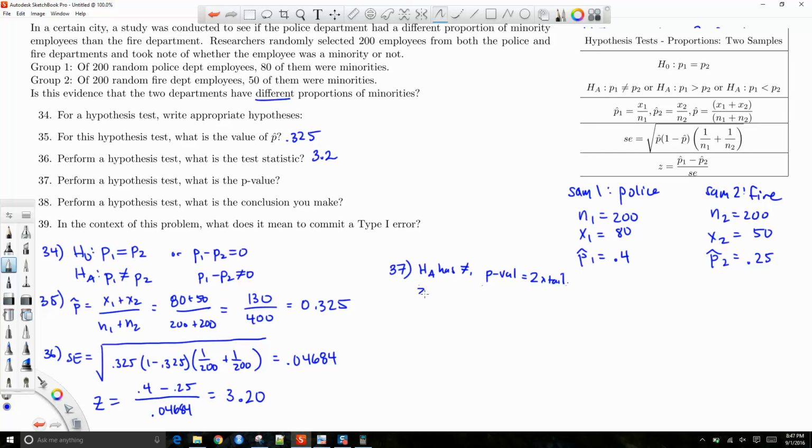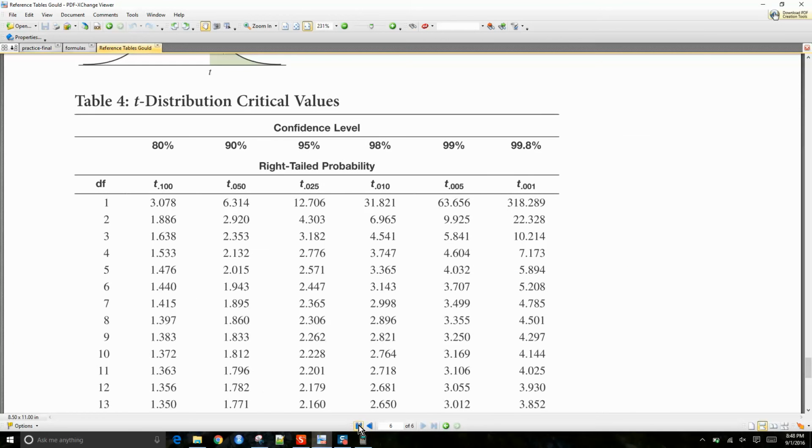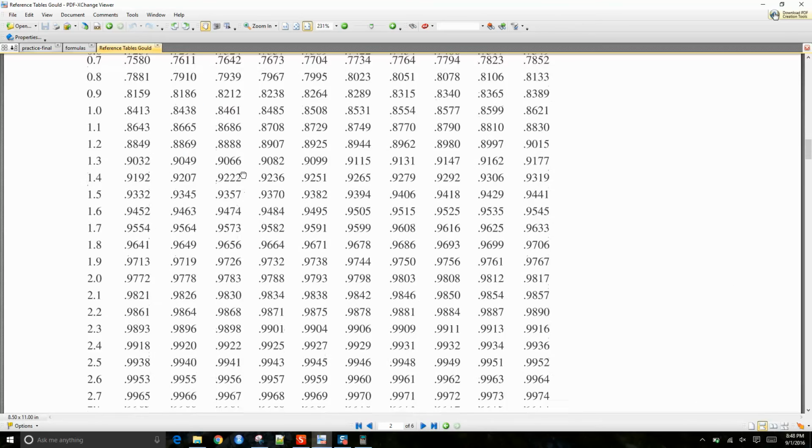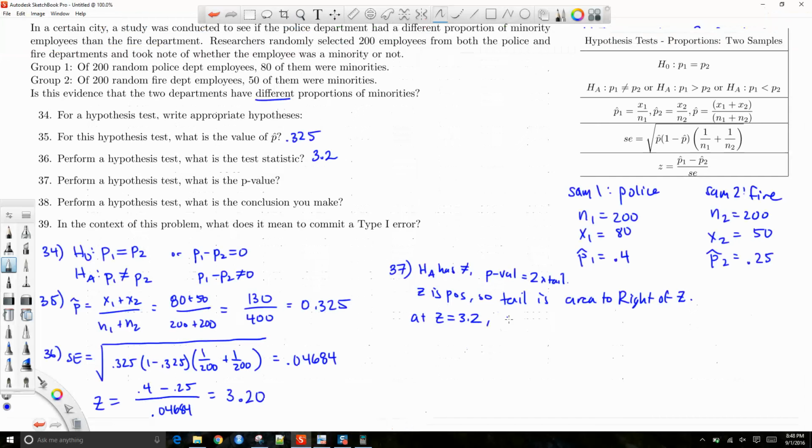Z is positive, so our tail area is the area to the right of Z. At Z equal to 3.2, the area to the left, the area given in the table at 3.20, is 0.9993.